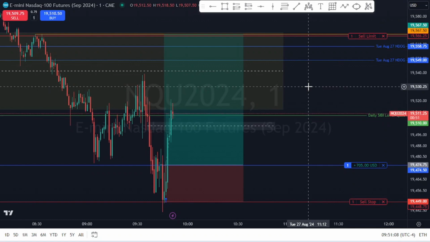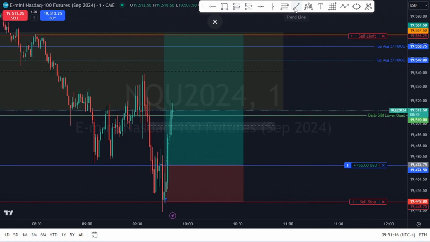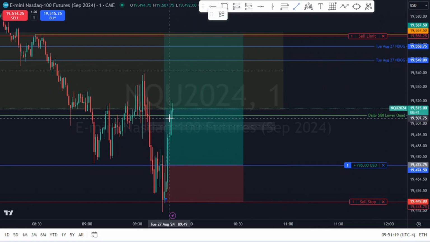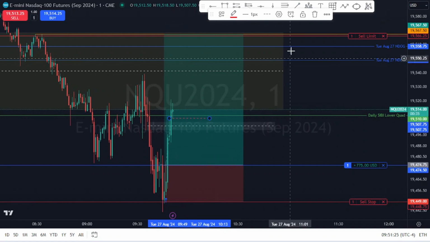So at this point, I could have brought my stop loss to above break even because, at the time, I wasn't even seeing that there was an institutional order flow entry drill that just happened. So I could have brought my stop loss up to that area.